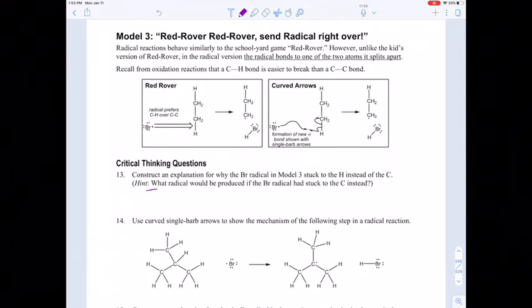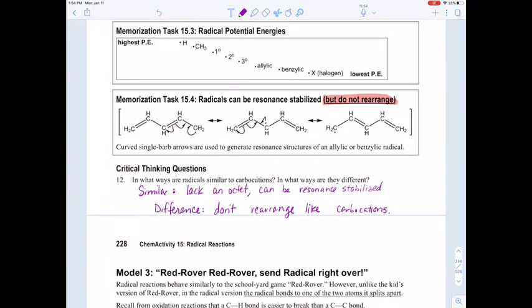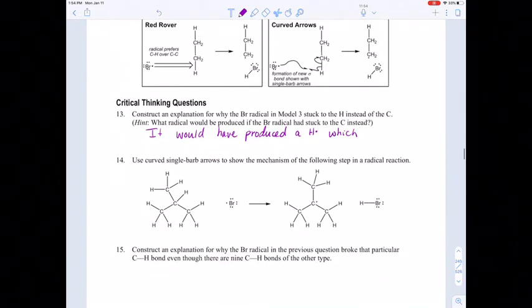Okay, if it had done that, it would have produced a hydrogen radical, which, if you remember the table back here, is a higher potential energy. Remember, chemical reactions want to avoid high potential energy if they can. It's almost like they have a little mind telling them to avoid it.